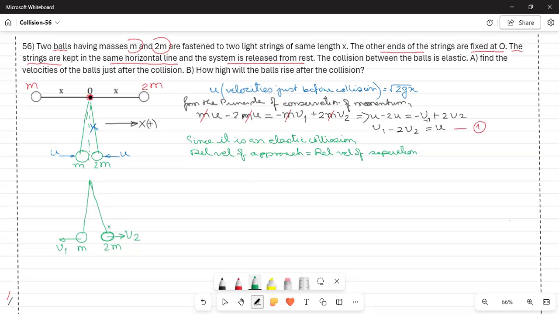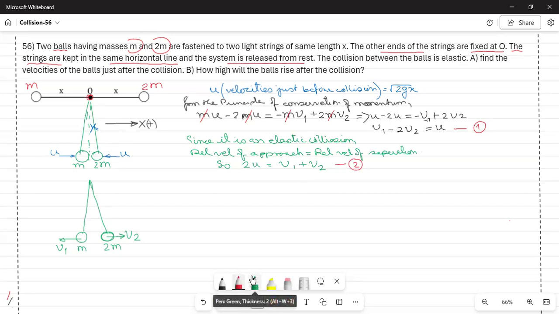Just looking at the picture, you can find the relative velocity of approach is 2u, and the relative velocity of separation is v1 plus v2. So 2u is v1 plus v2, another relation we have got. From these two, we can find out the values of v1 and v2.